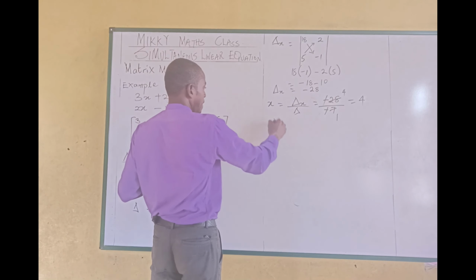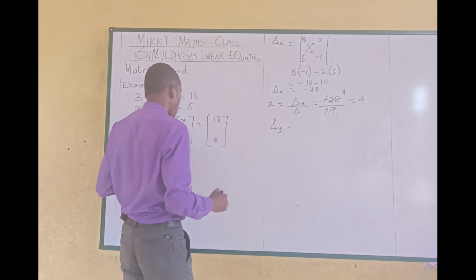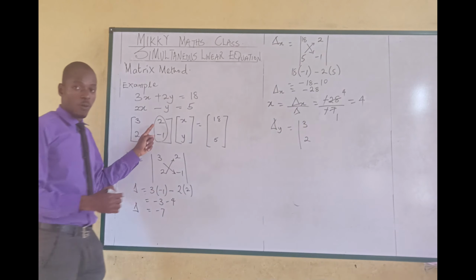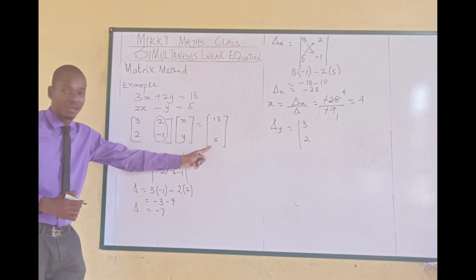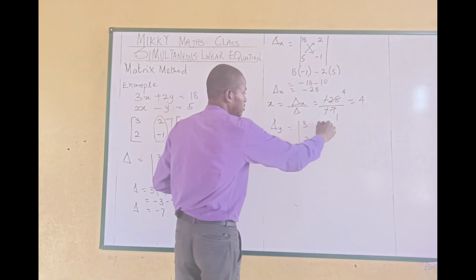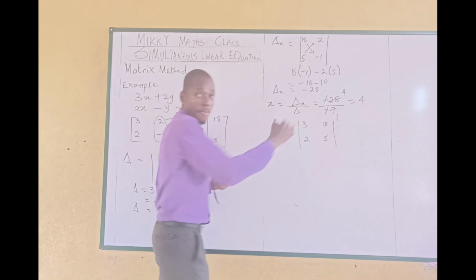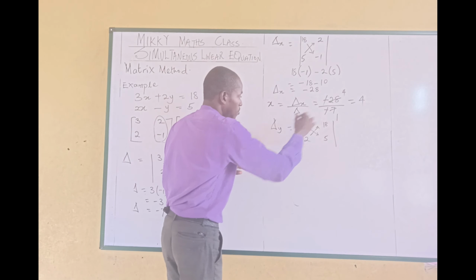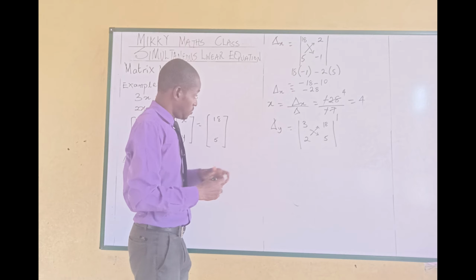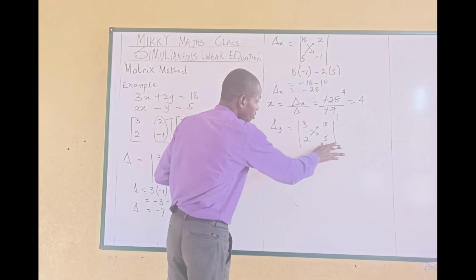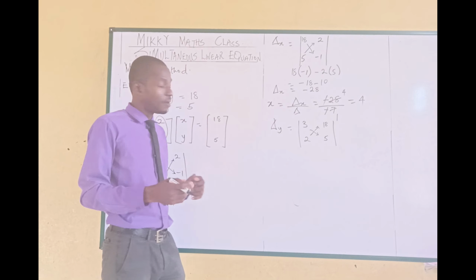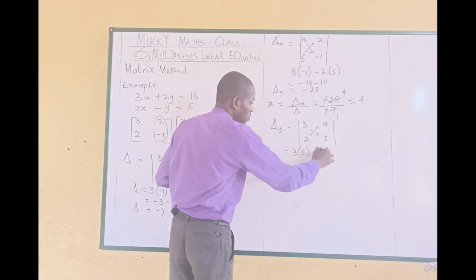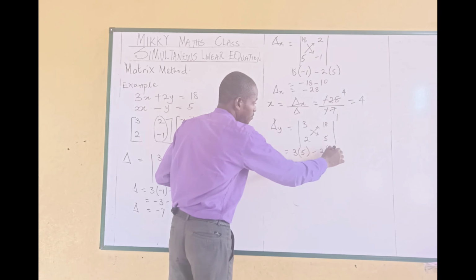For the determinant in the order of y, I have my 3, 2, then I replace the second column, 2 and minus 1, by 18 and 5. Now let's multiply downwards, upwards, the leading coefficients. So this becomes 3 times 5 minus 2 times 18.